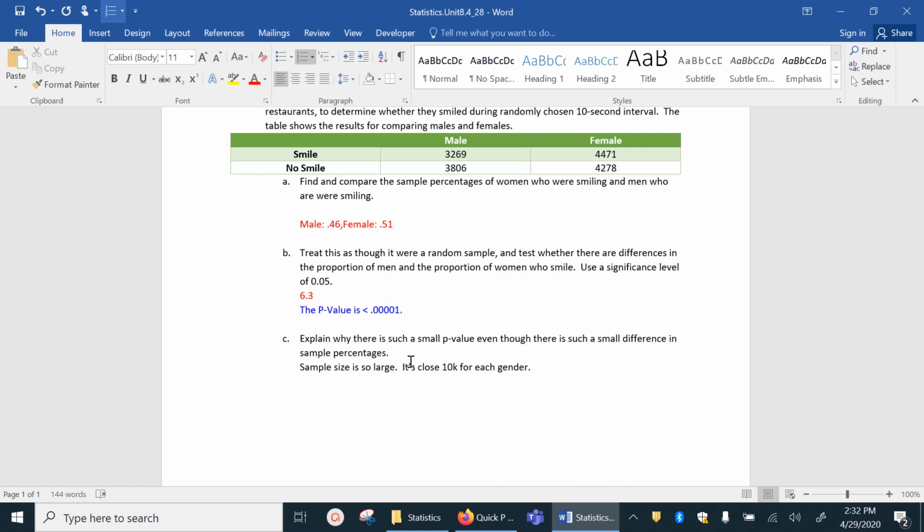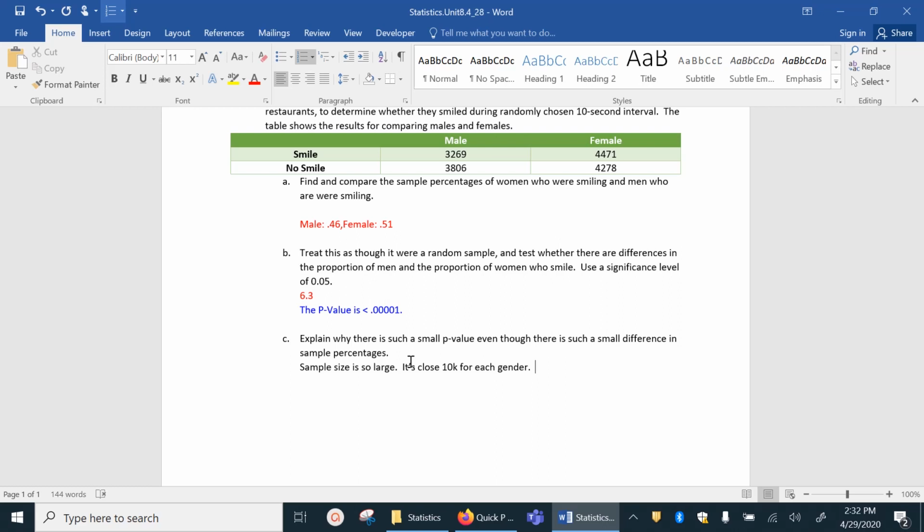Sure, there's only a 5% difference, but the sample size is so large that there's a definite difference between how many times men smile versus how many times women smile.